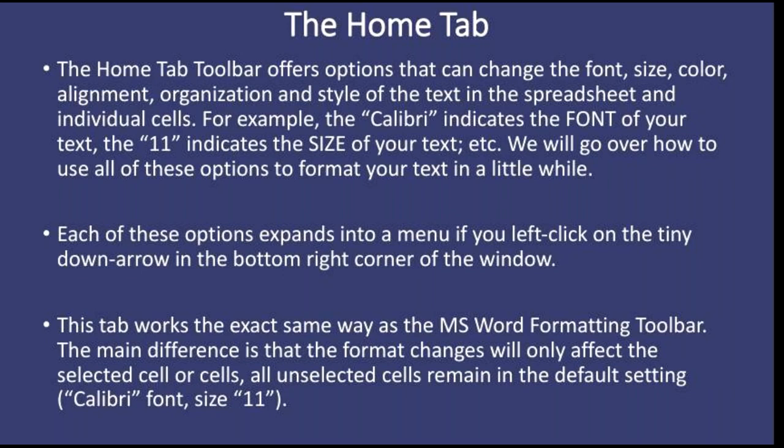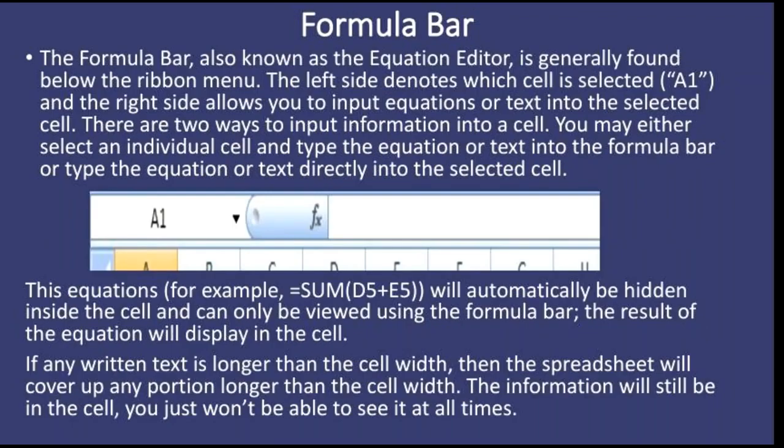So the difference between the home tab in MS Word and in MS Excel is that the format changes will affect all the selected cells on your Excel. So that's the major difference.